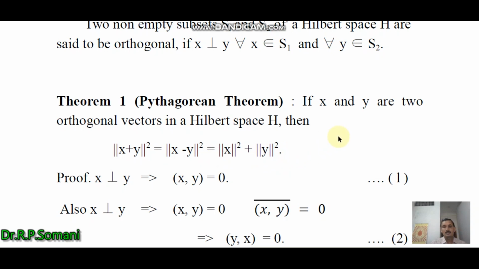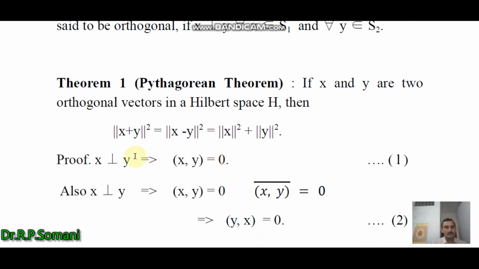So this is the statement that if x and y are orthogonal vectors, then the squared norm of their sum or difference equals the sum of the squared norms.